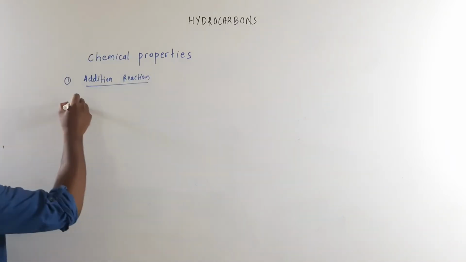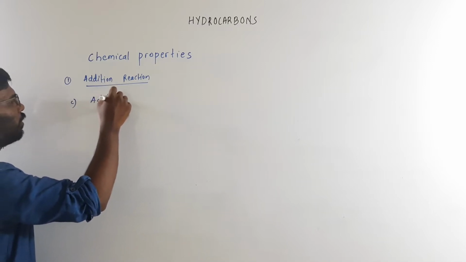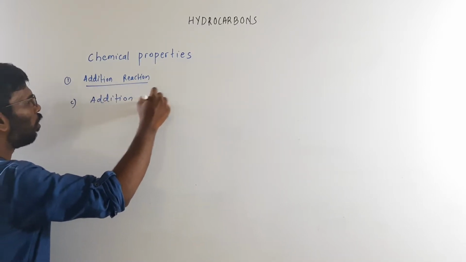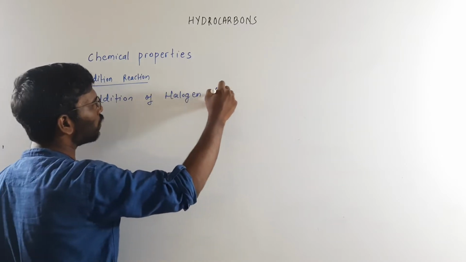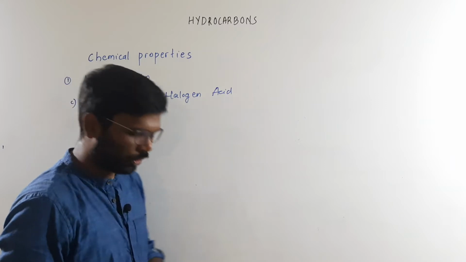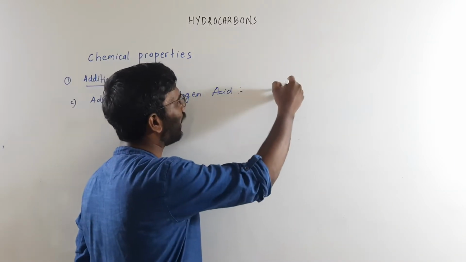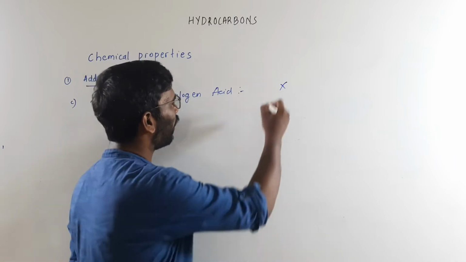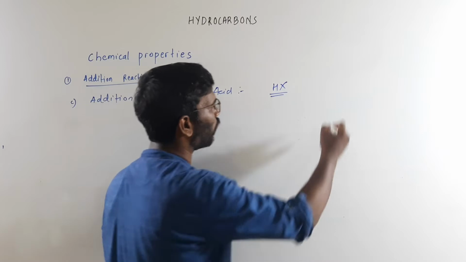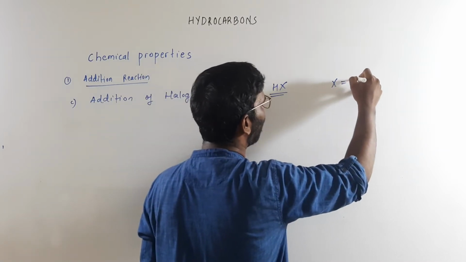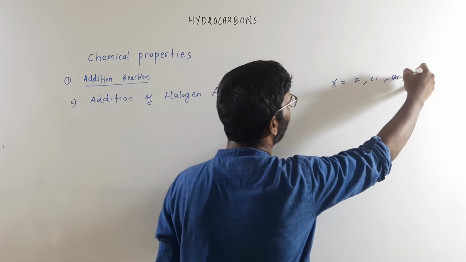Next, C under the addition reaction: you will write addition of halogen acid. Now, halogen acid means what? Halogen will be there, like halogen is X and H. X is a halide, like fluorine, or it could be chlorine, bromine, iodine.